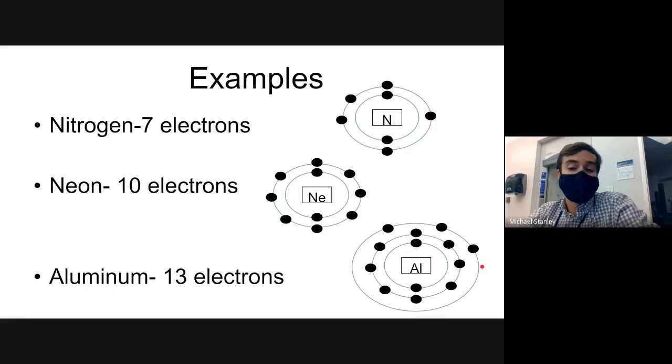They might not always need to, like in aluminum, the third shell only needs 3 electrons. And in nitrogen, the second shell only needs 5 electrons. But they have the capacity, the ability to fit 8 electrons. It's kind of like the car that you drive.